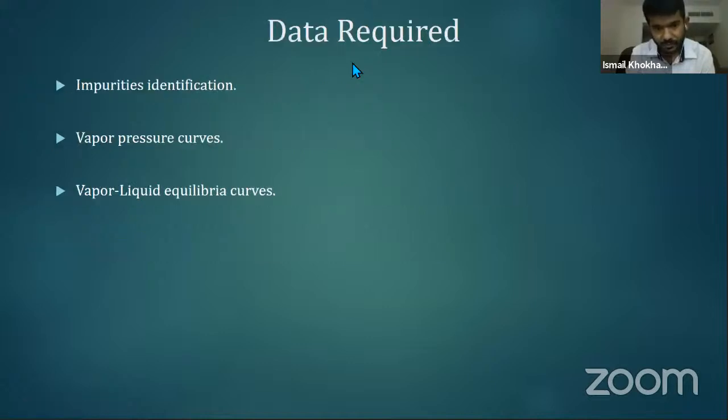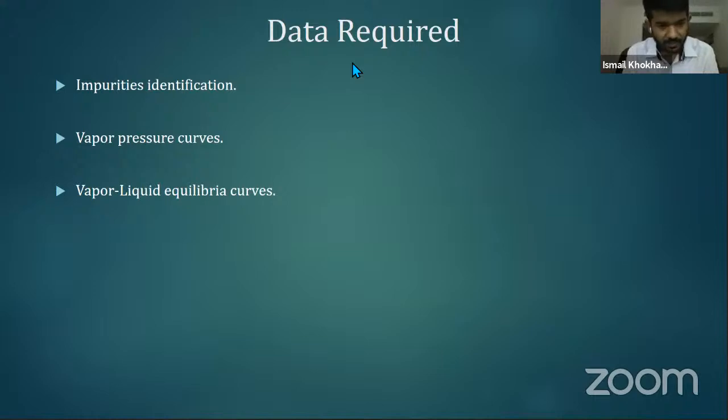So we again focused on impurities and how to avoid the loss of product in the impurity. First of all, as I told you, we didn't know what the impurities were. So, identification. In the last presentation, I showed you methods like GC-MS and NMR, which are used for impurity identification.